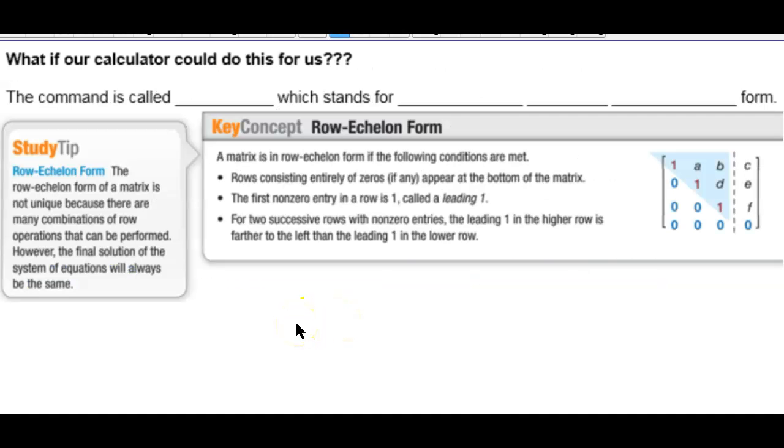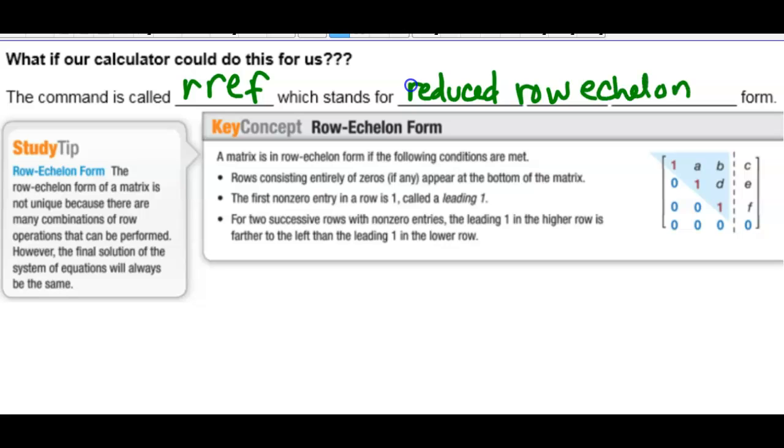So the command on the calculator we're going to look for is RREF, and it stands for reduced row echelon form.